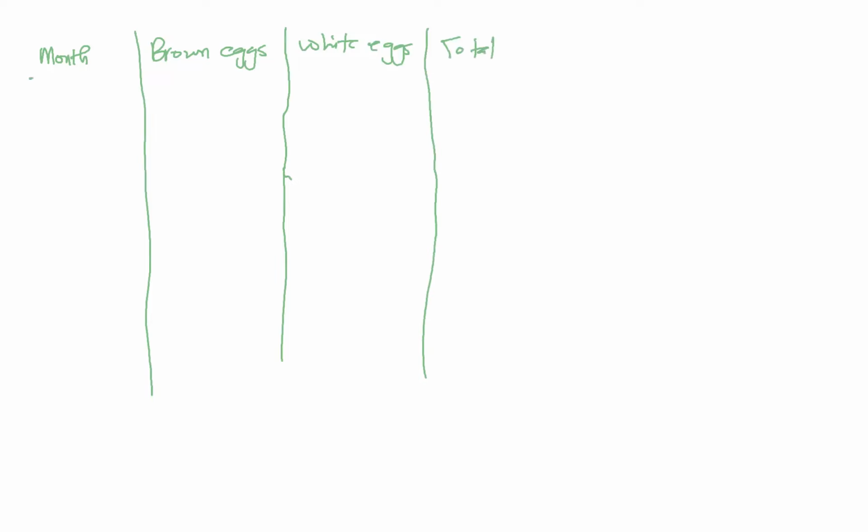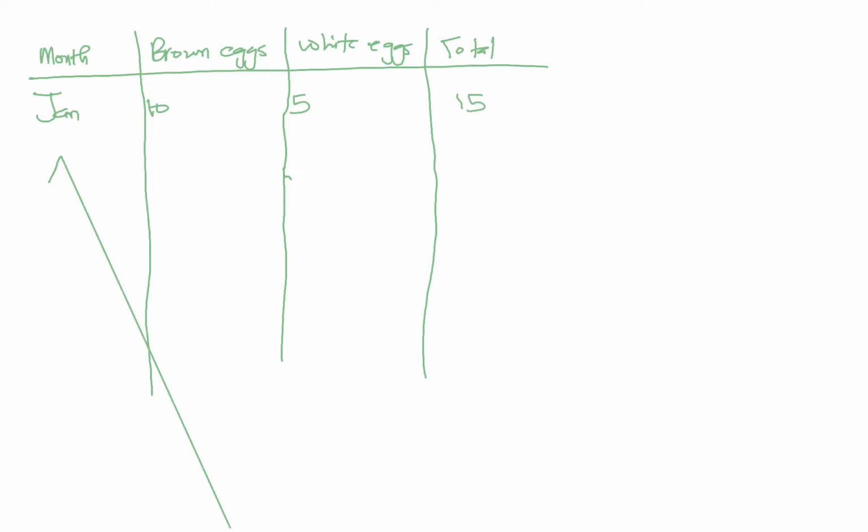So let's say the month of January. The count is 10 for brown eggs, 5 for white eggs, and 15 for the total. Let's just do the next one. In the month of February, there were 35 brown, 37 for white, total of 72.